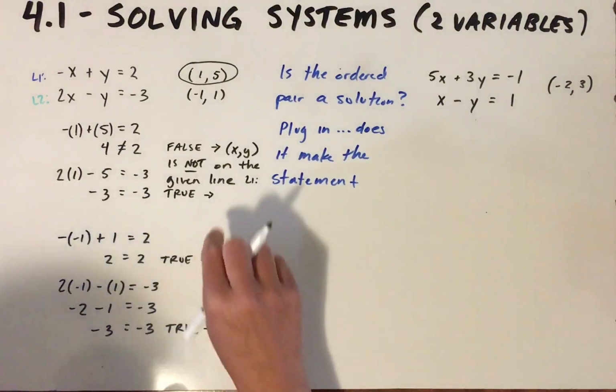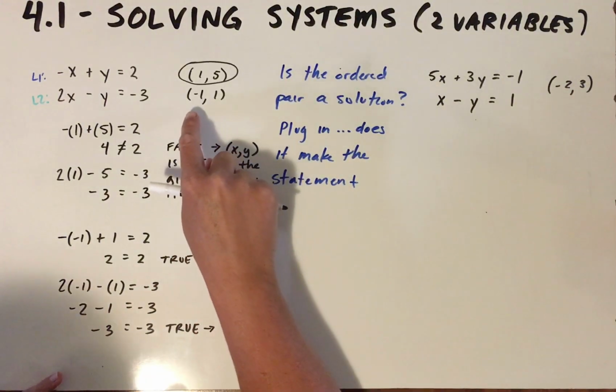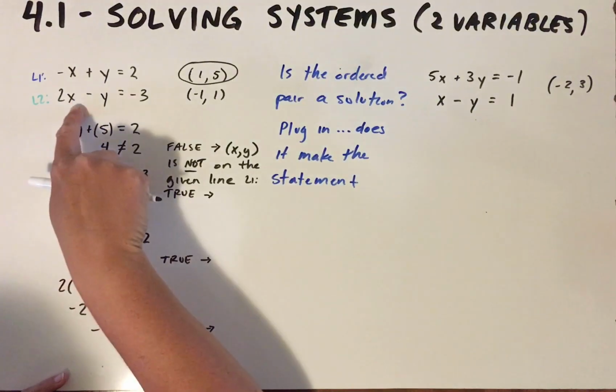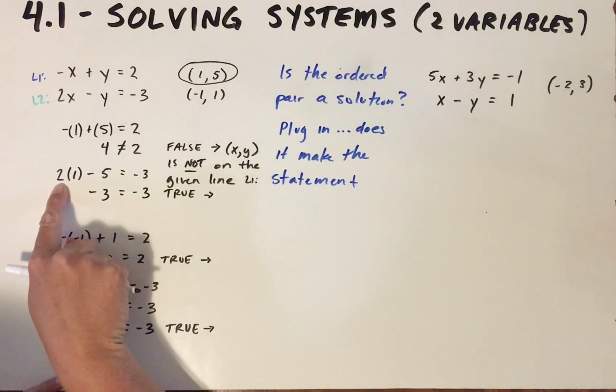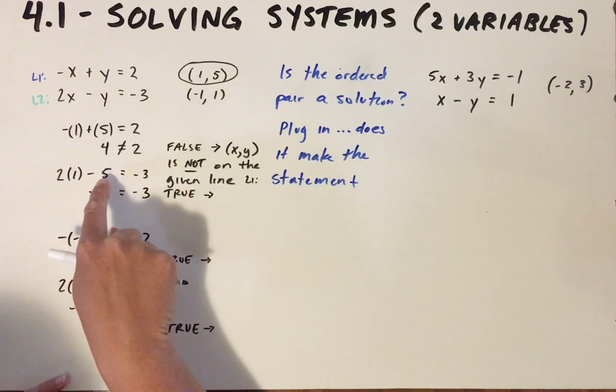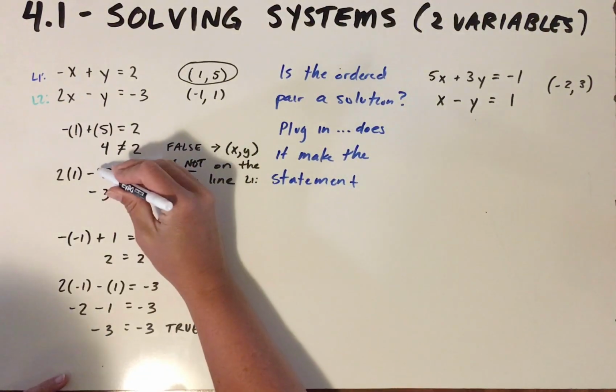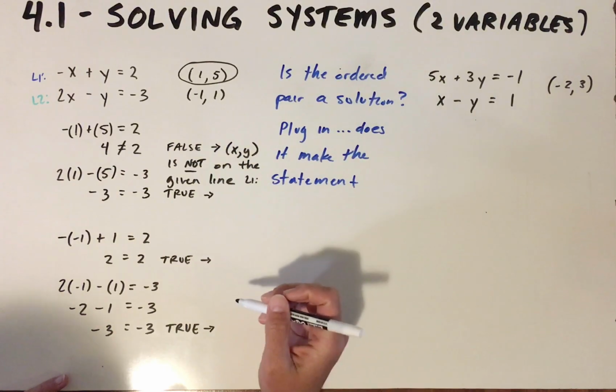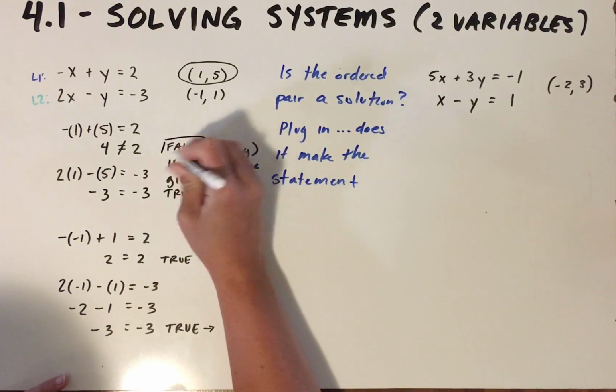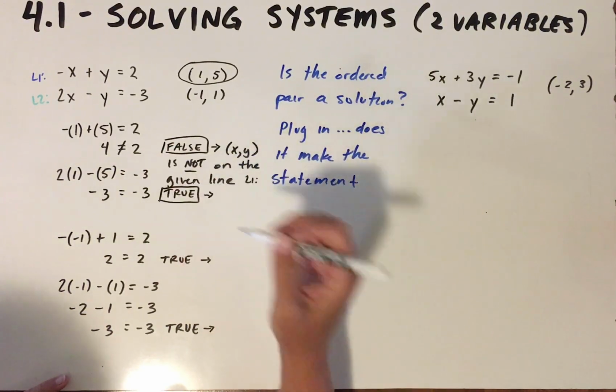Okay, but if I plug the point 1, 5 into the second equation, so if I substitute 1 for x here and 5 for y here, then I get that negative 3 equals negative 3, and that is a true statement. Okay, if this is a true statement, what does this mean?